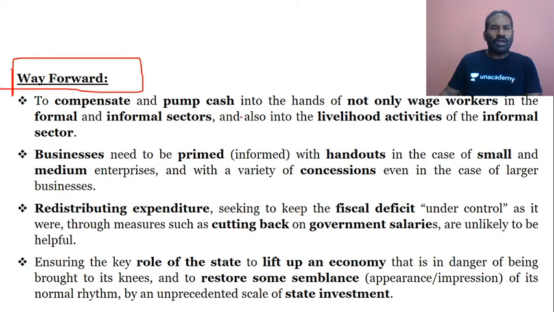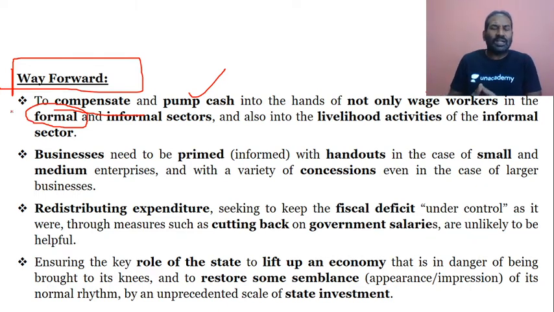The way forward is that the government has to compensate and pump cash not only into the hands of the wage workers, that is what we were talking about, the migrant workers, not only in the informal sectors, but it should also be pumped into the hands of the workers in the formal sectors.